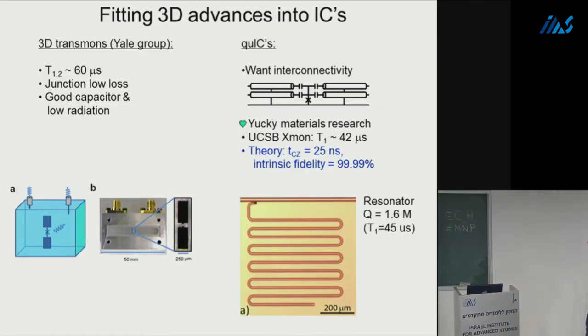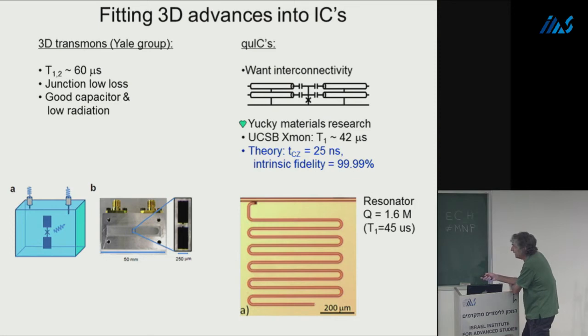Now, we want to make long coherence time qubits. And in the last couple of years, there have been some really neat advances in making what are called transmons, putting them into a 3D geometry. This is done by the Yale group, and basically almost every other group in our group is now making these.